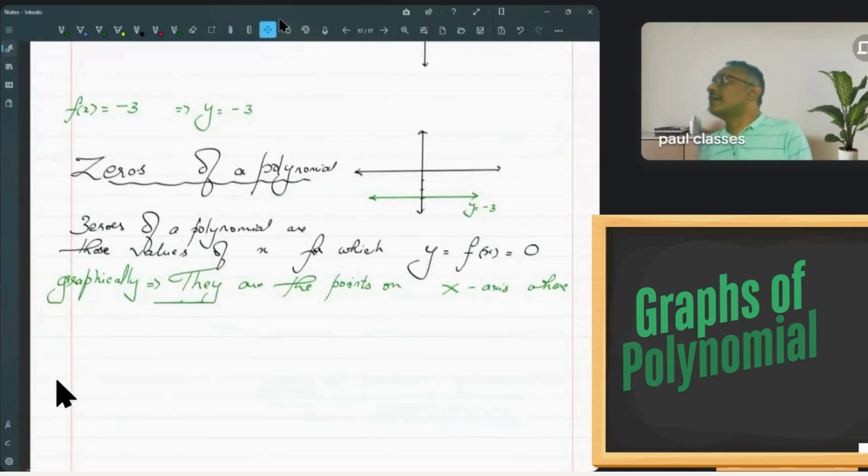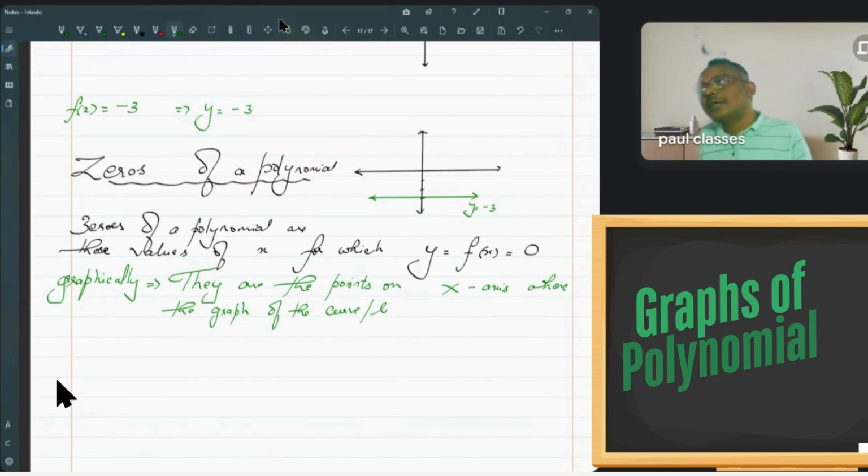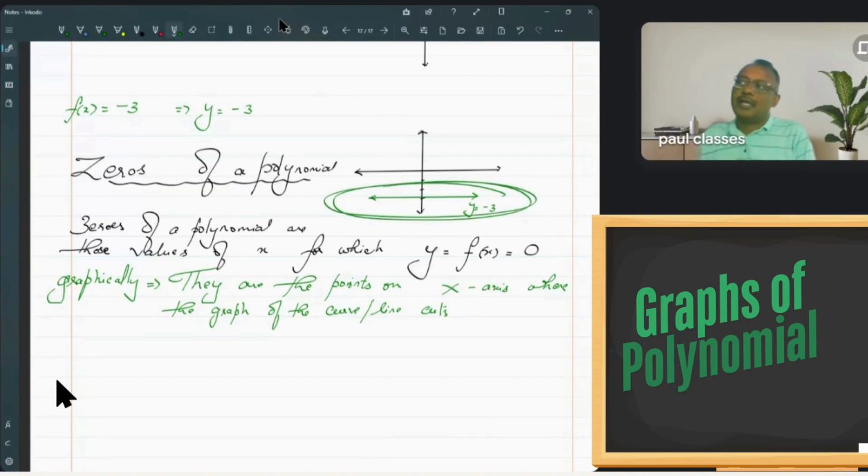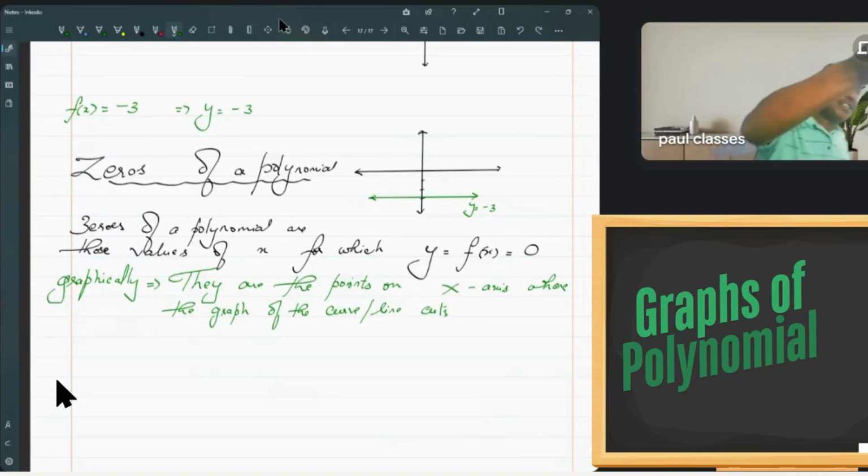Points on x-axis where the graph of the curve या तो line cuts. ठीक है, अभी मुझे बता, ये वाला जो है ये लाइन एक्स एक्सिस को कितने बार काट रहा है?